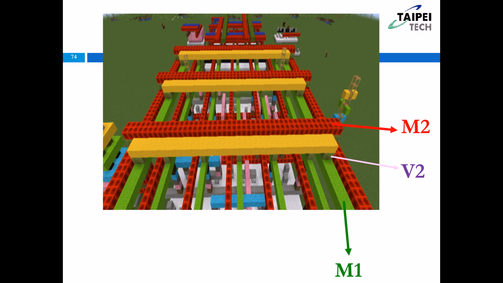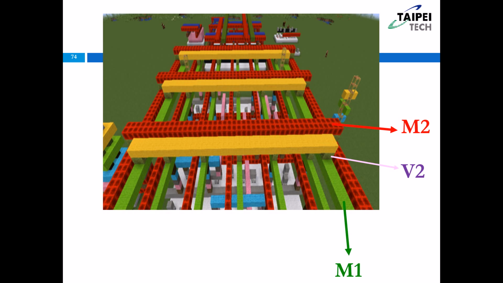Don't worry about that. How can we connect this yellow metal 2 to the metal 1 here? I use the via, or via 2, a local interconnect, a very short metal line, to connect between this yellow one and this green one.